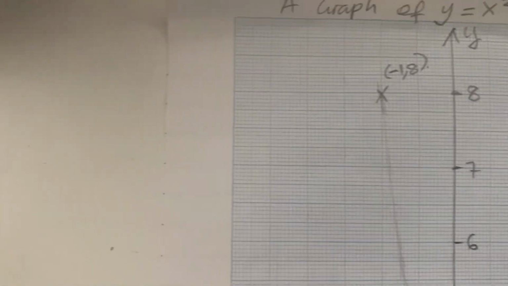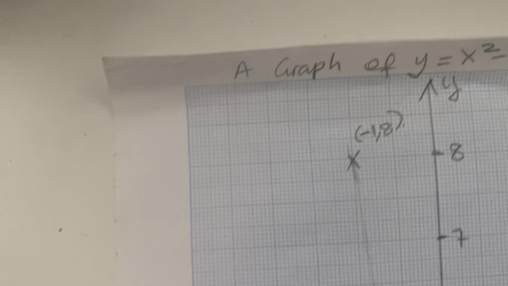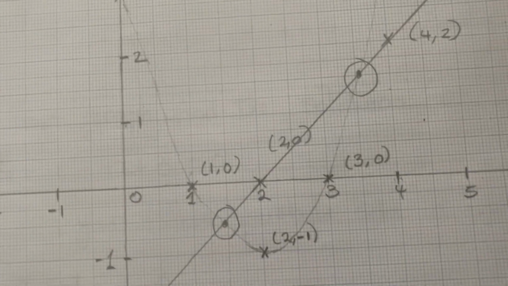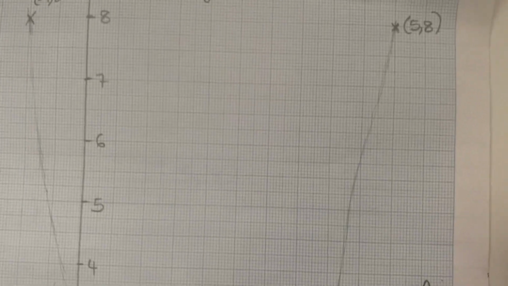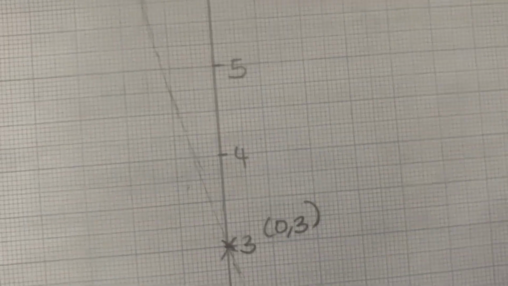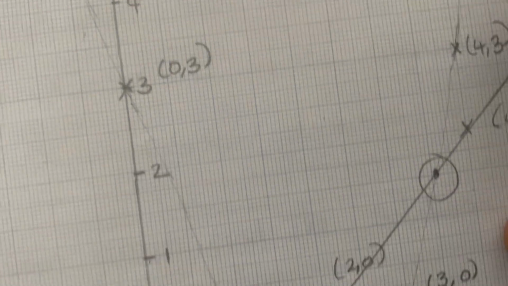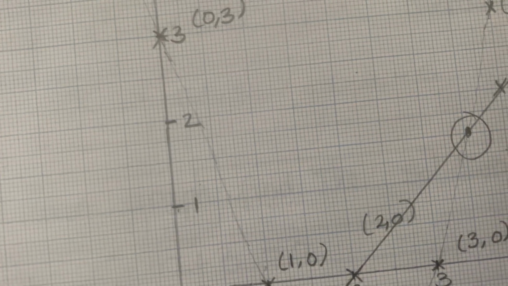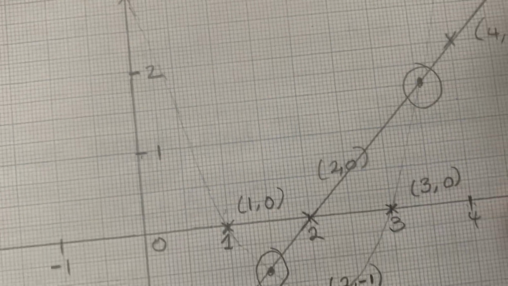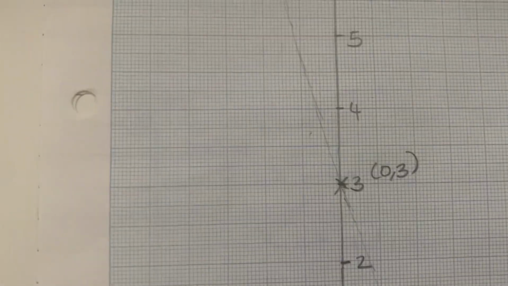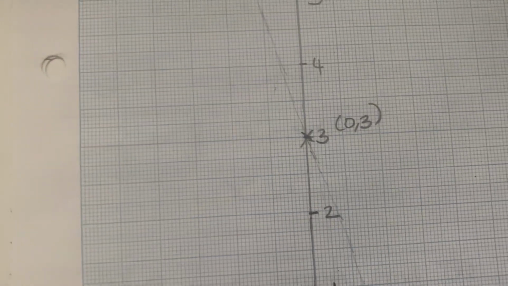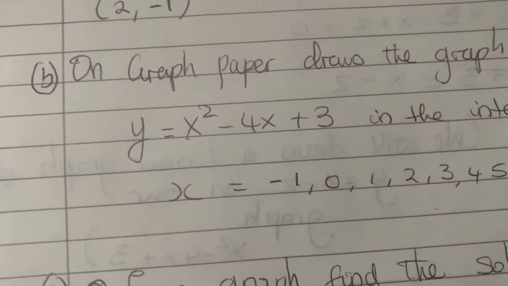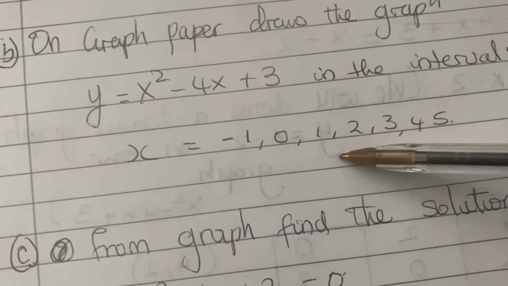I think mine appears okay because I drew it with the free hand and it opens upwards. By now you should know how to plot coordinates. If not, go back and watch the videos where we learned how to plot coordinates. So that is the first part. We've done the parabola; we've used the coordinates to draw the graph.